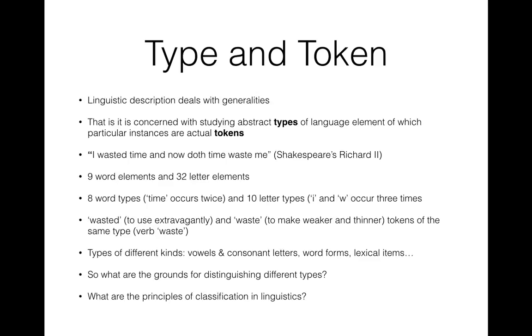You can have vowels, consonant letters, word forms, lexical items, etc. With vowels you have types, and then in everyday use we have tokens. With consonants, the same thing. Word forms, lexical items: in every unit of analysis, we have the same story. So this is one principle for you to keep in mind.